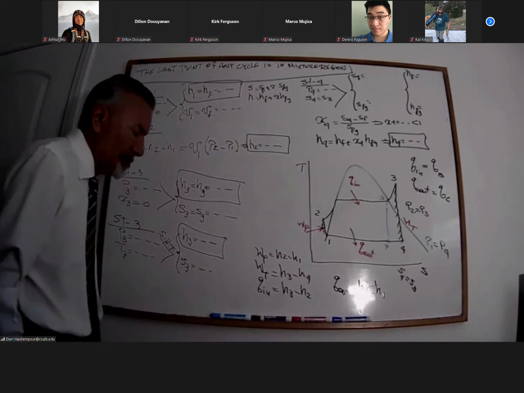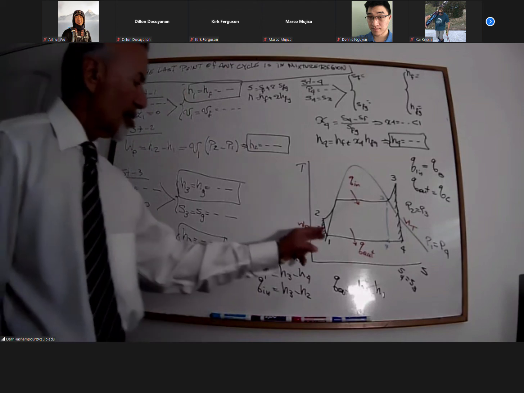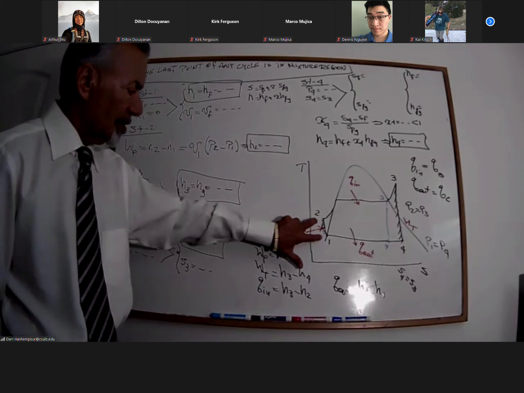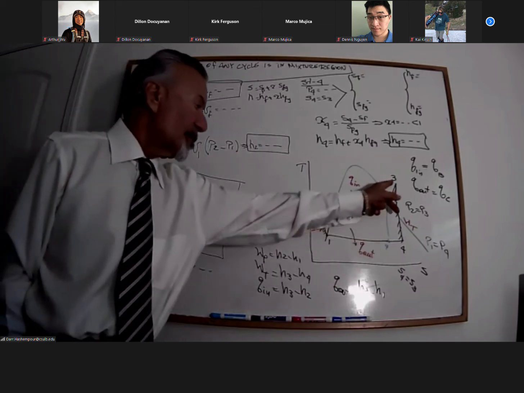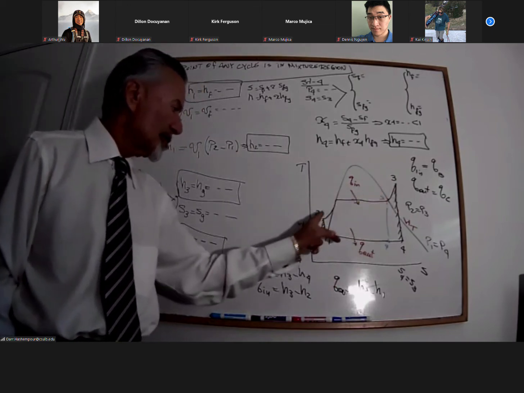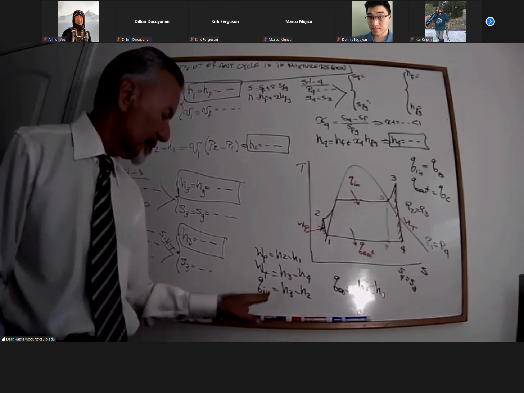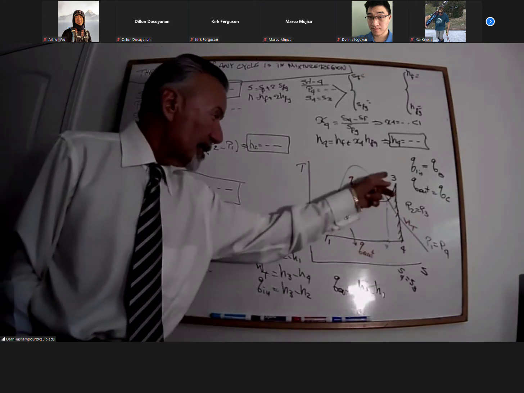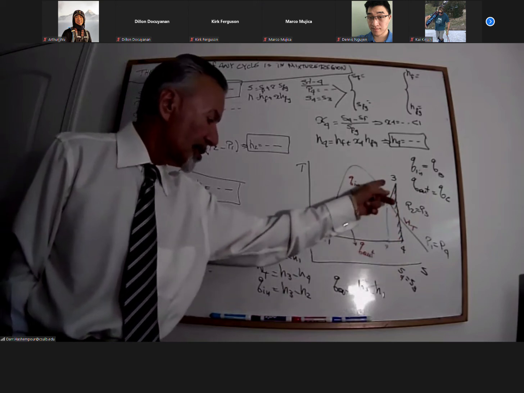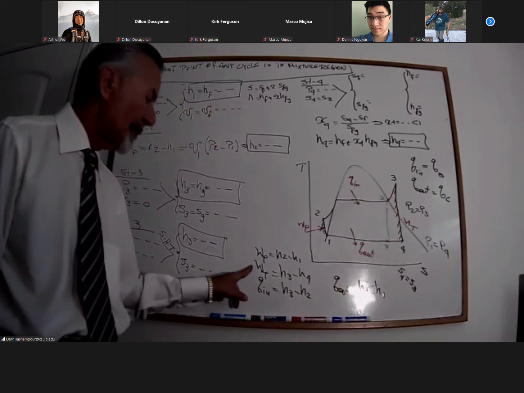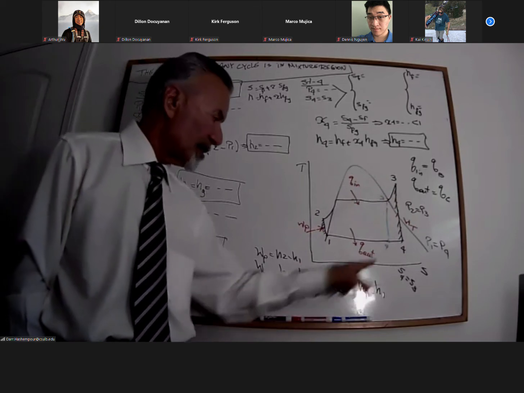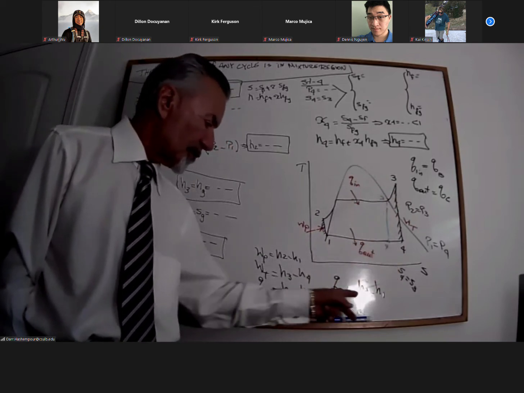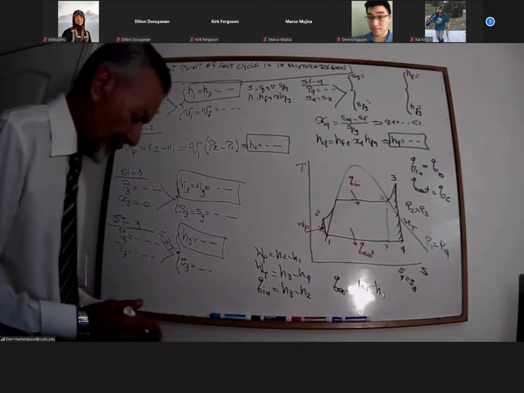Nothing's changed. Delta H across the equipment. For the pump, delta H across the equipment. For Q in, delta H across the boiler, H3 minus H2. For a turbine, delta H across the equipment, H3 minus H4. Q out is delta H across the condenser, H4 minus H1.